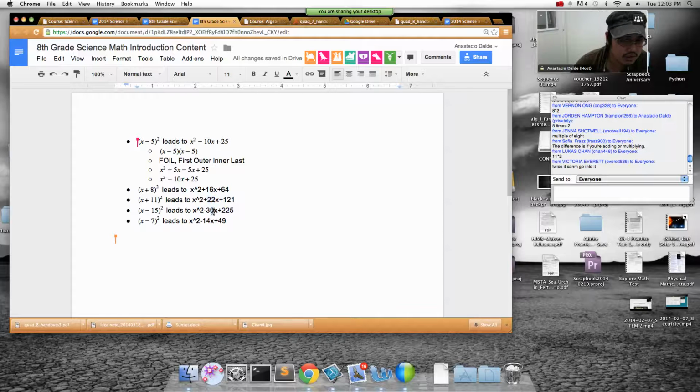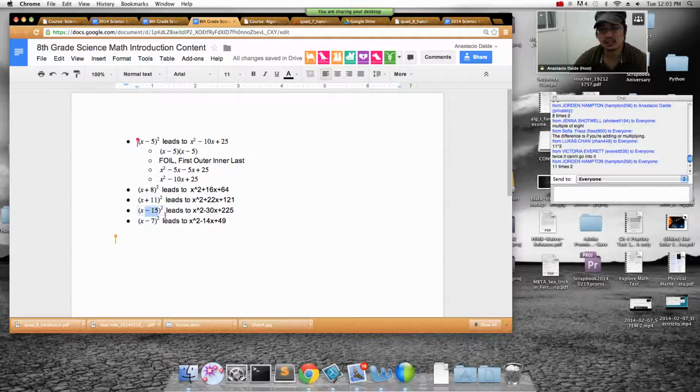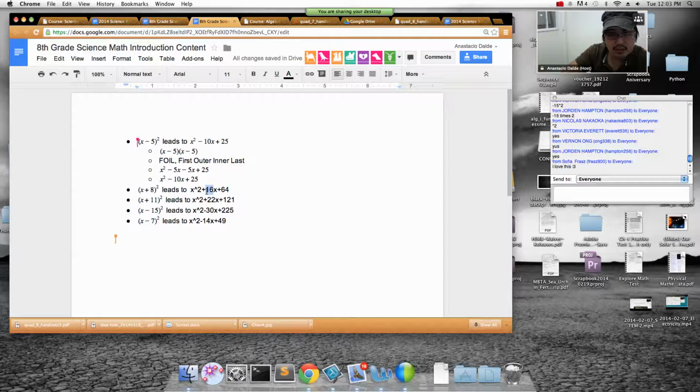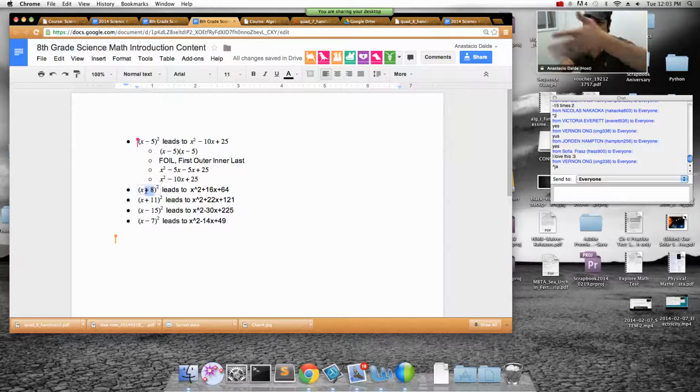How is negative 30 related to negative 15? Times 2, I agree. How is negative 14 related to negative 7? Times 2. Yes, do you see the pattern here? Do you see that this number right here is really this number times 2, right? That makes sense. It's right in front of me, obviously, right?